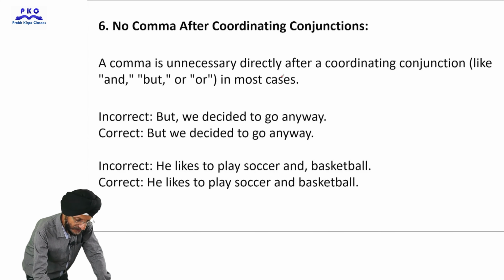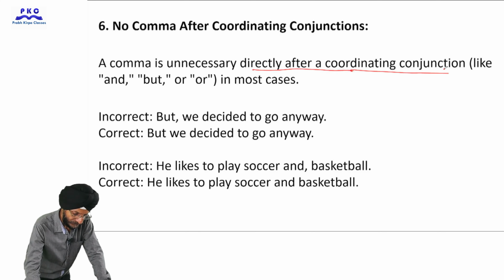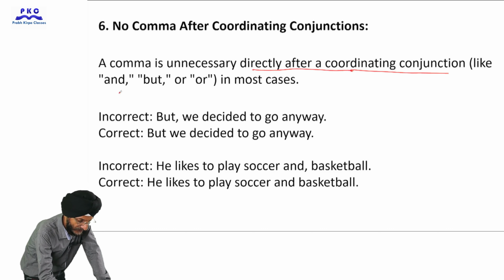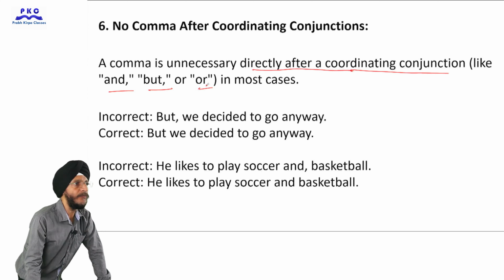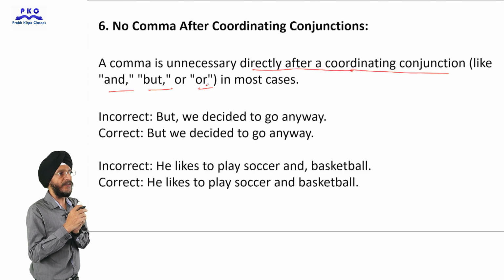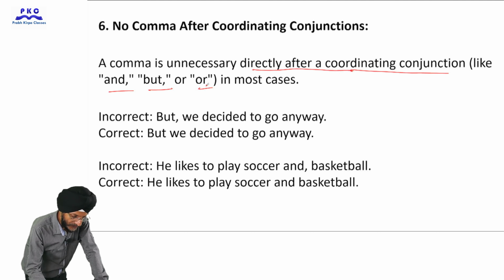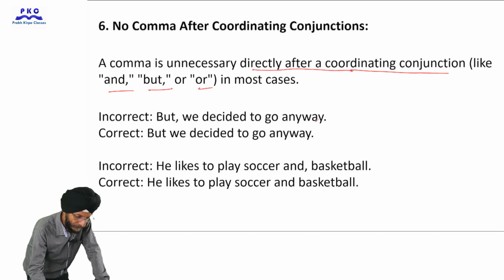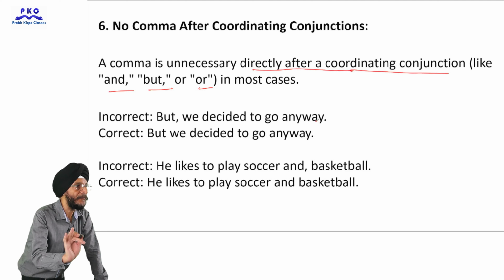Next is no comma after coordinating conjunctions. A comma is unnecessary directly after a coordinating conjunction. Coordinating conjunctions are like and, but, or. In most cases, a comma is unnecessary directly after a coordinating conjunction. Here the example is, but we decided to go anyway.